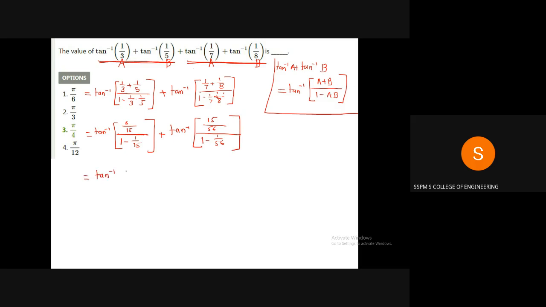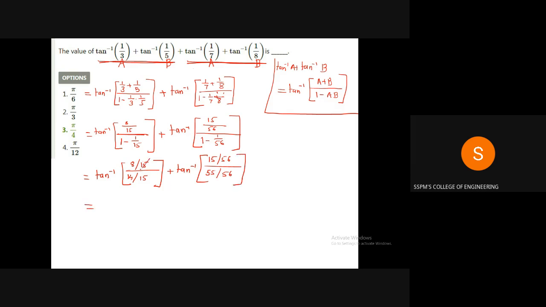Next step, tan inverse 8 divided by 15 divided by what? What is the subtraction? 15 into 1 it is 15, 15 minus 1, that is equal to 14 divided by 15, plus tan inverse 15 divided by 56 divided by what? 56 into 1 it is 56 minus 1 it is 55, 55 divided by 56.